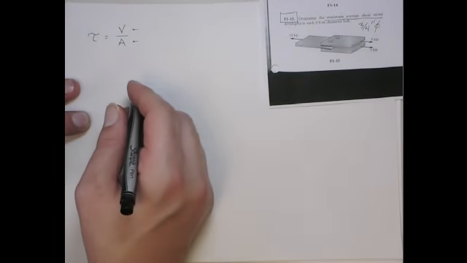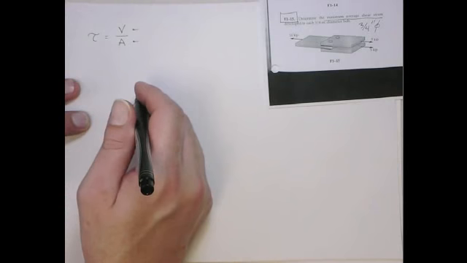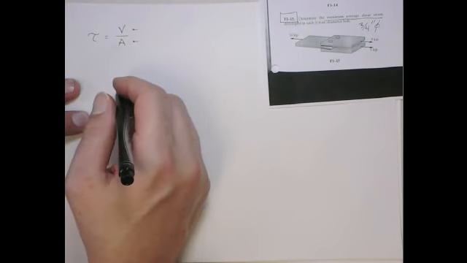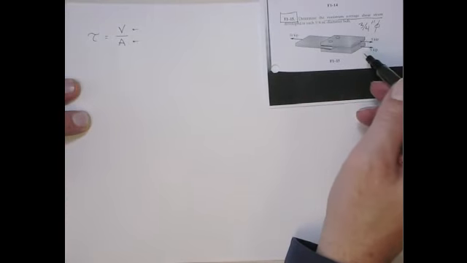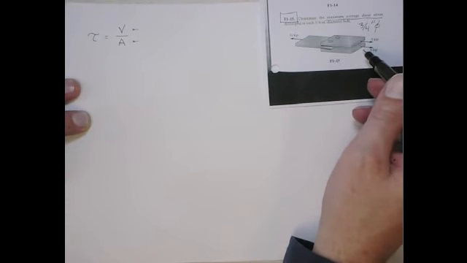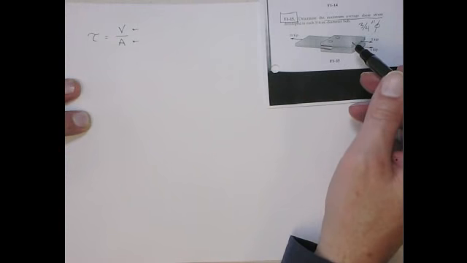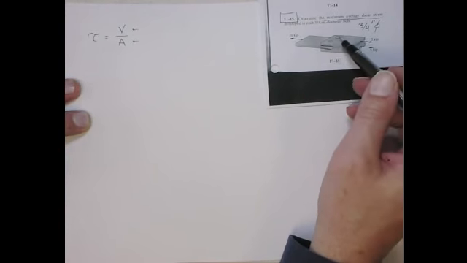What's the best way to draw this? Well, if we look at the loadings on the plate, everything's kind of symmetric, so I'll make one assumption: each bolt is going to carry the same amount of load.